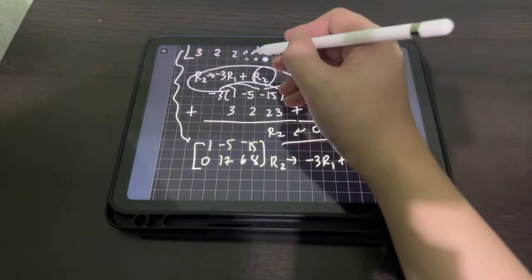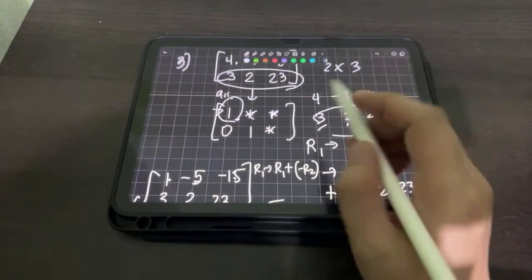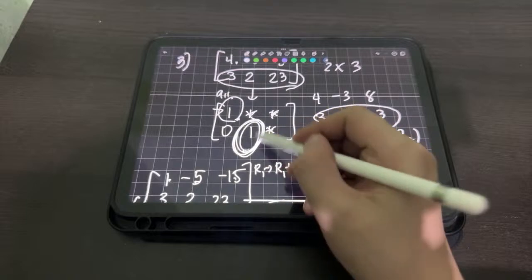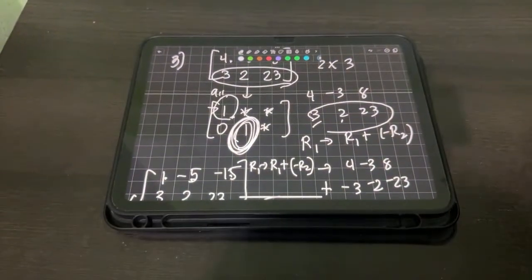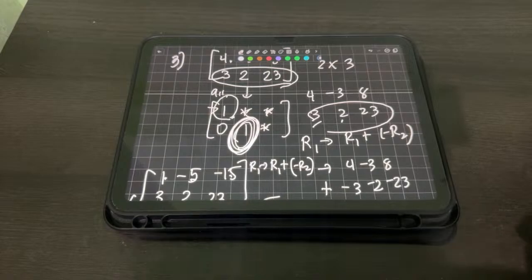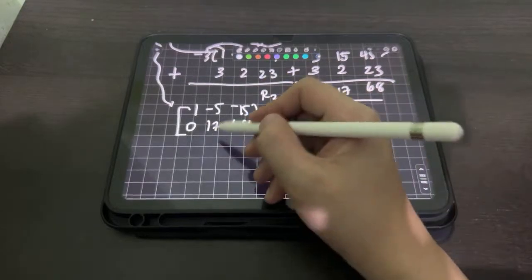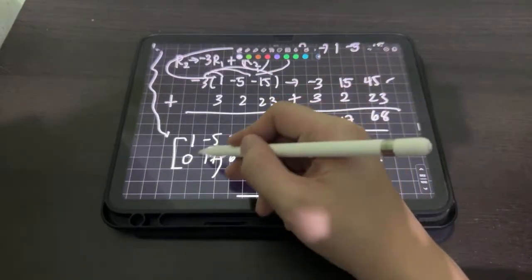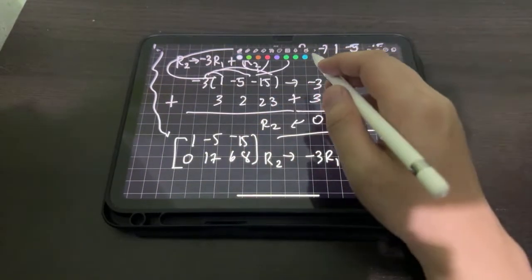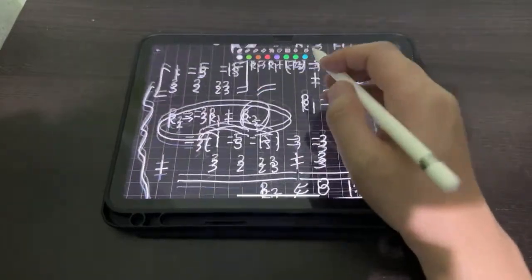Okay. Last goal is to make this entry 17 equal to 1.